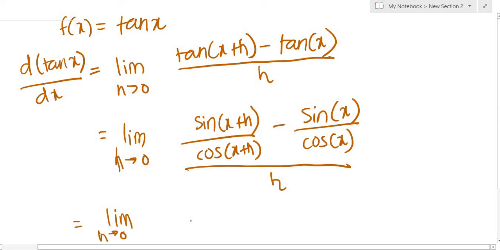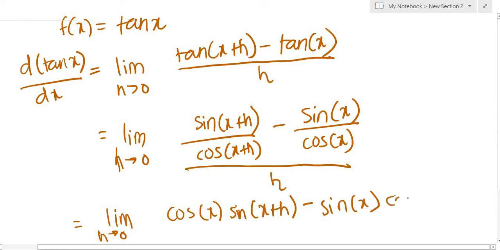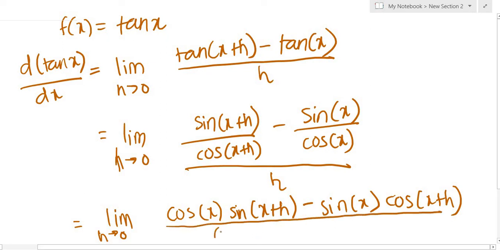Now we can totally cross multiply this thing. So the cos of x times the sine of x plus h minus the sine of x times the cosine of x plus h, all over cosine of x times the cosine of x plus h times h.